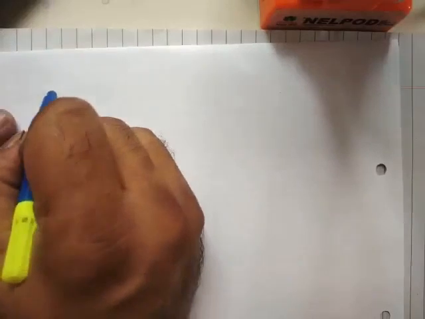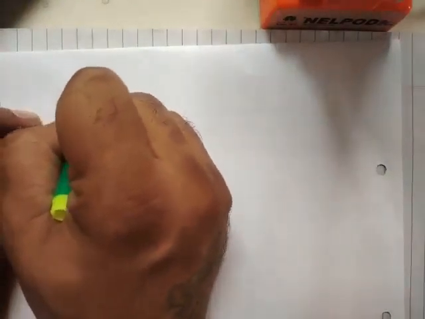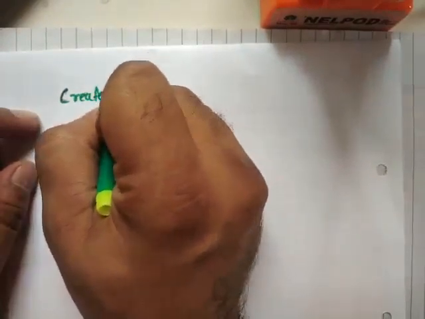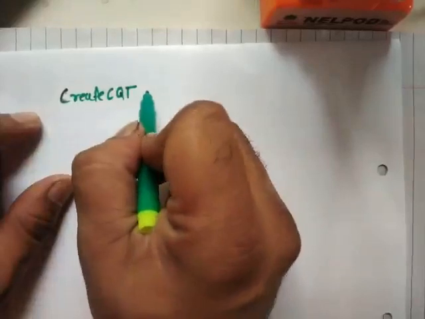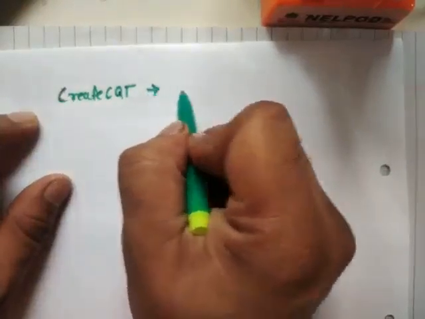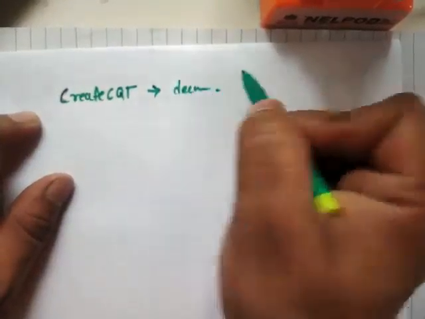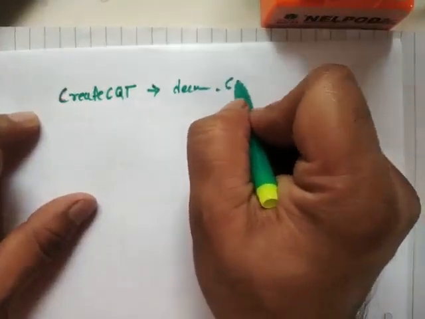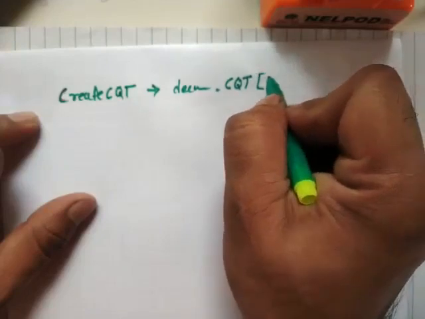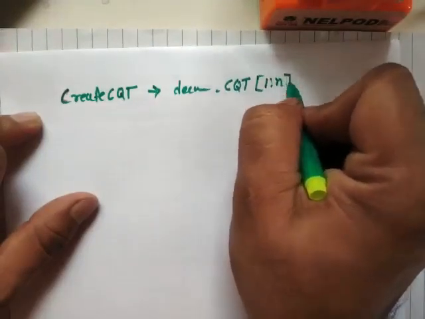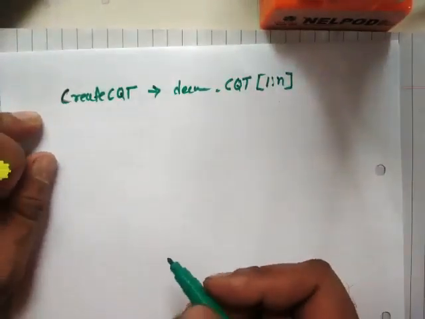So, create circular queue with tag. CQT means circular queue with tag. Here we declare the size of the circular queue. I am writing the name of the array as CQT of size 1 to n.